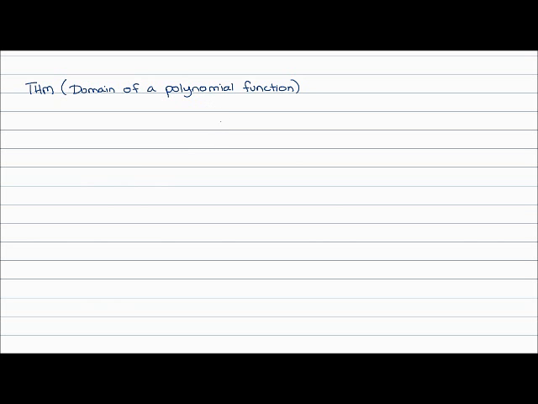Now let's talk about the domain of a polynomial function. I mentioned at the beginning of this very short lecture that we're going to talk about the domain and the range of polynomial functions, but it turns out the range of polynomial functions is very difficult to tack down at this point. In the lecture on domain and range, I mentioned that domain is generally okay to find.